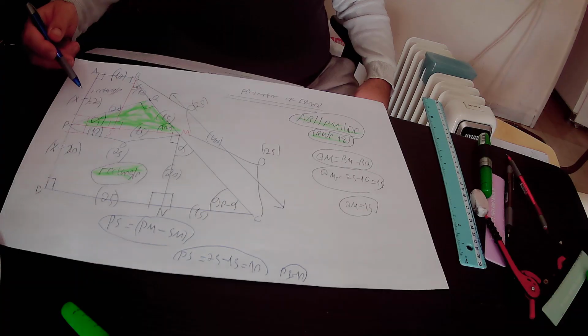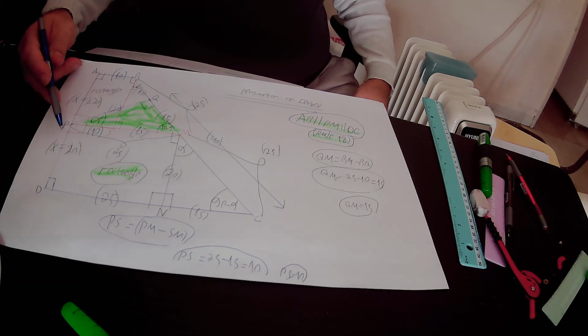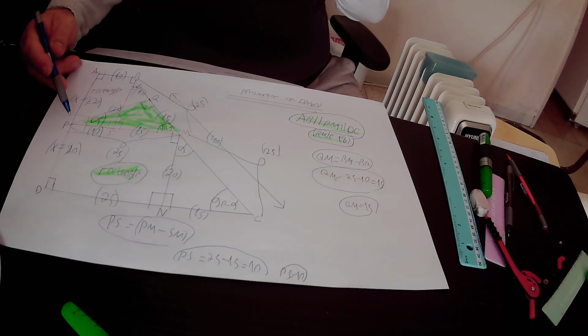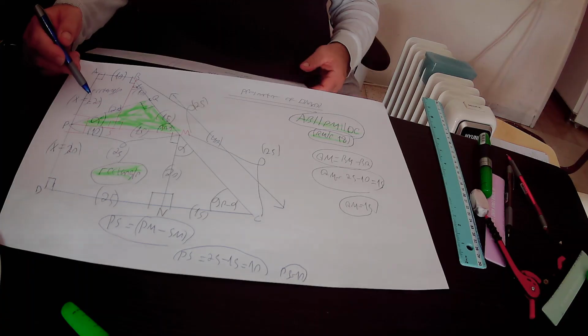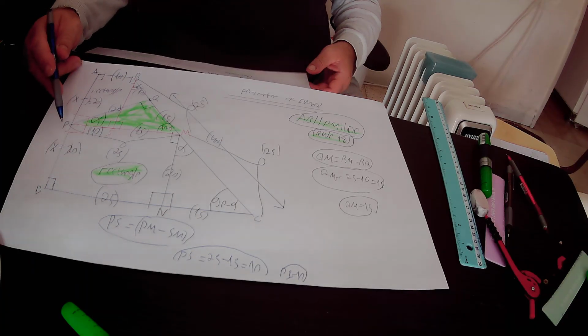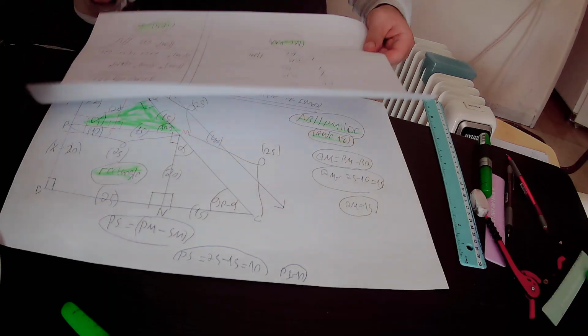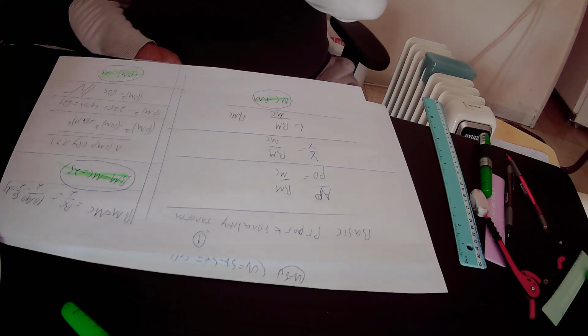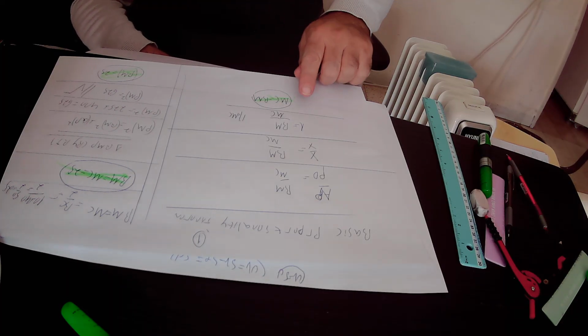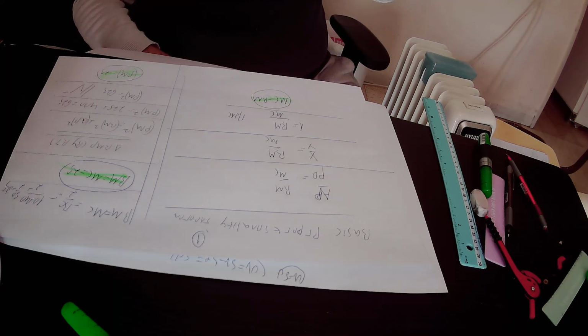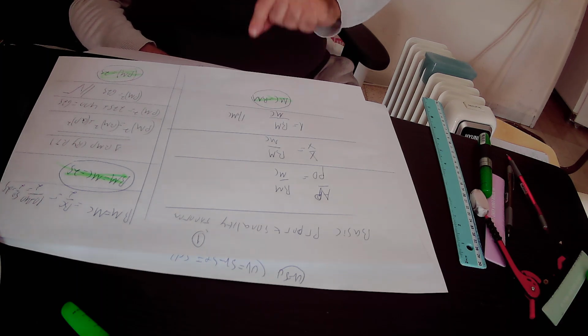So if we define AP as X, then PD must also be equal to X. So here we substitute AP by X and PD also by X. So AP over PD is X over X, that equals BM over MC. Here X over X is 1, so 1 equals BM over MC. Here we multiply this equation by MC, and we find that MC equals BM.